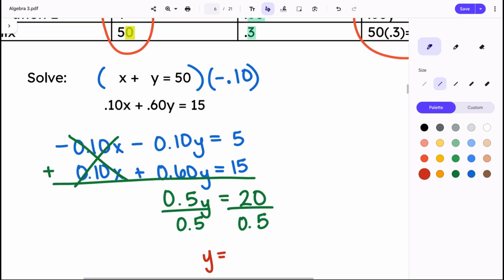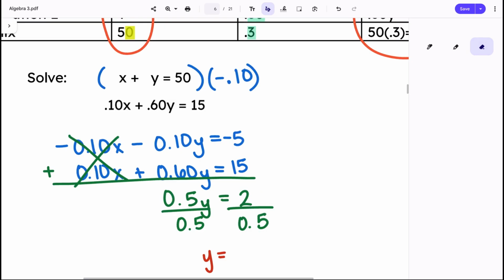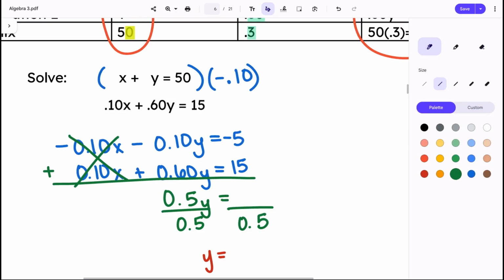Hold on. Back up. This 5 here should be negative 5 because we took it times a negative 0.10. So this shouldn't be 20. It should be 10. That's my mistake. I missed my negative sign up there. So what's 10 divided by 0.5? 20.